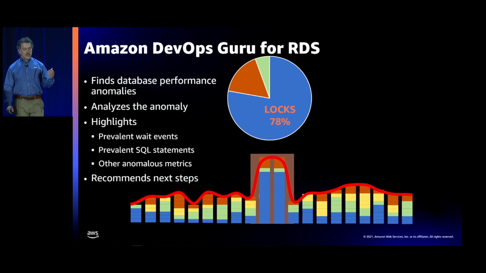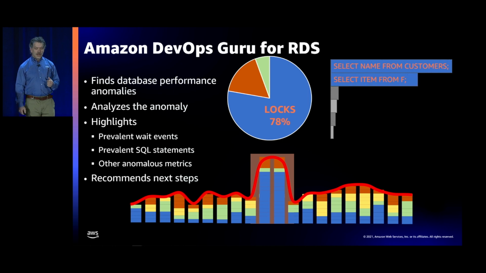And these are indications of what is causing bottlenecks in your database for specific users. The top SQL commands: these are the top SQL commands that are being sent to the database by the application and that are contributing chiefly to the anomaly. And any other notable metrics like memory and I/O that also might be contributing to the issue.